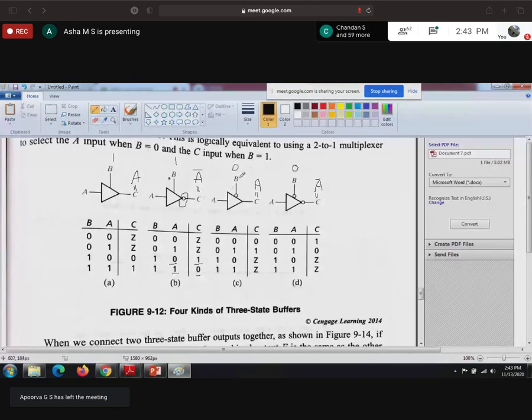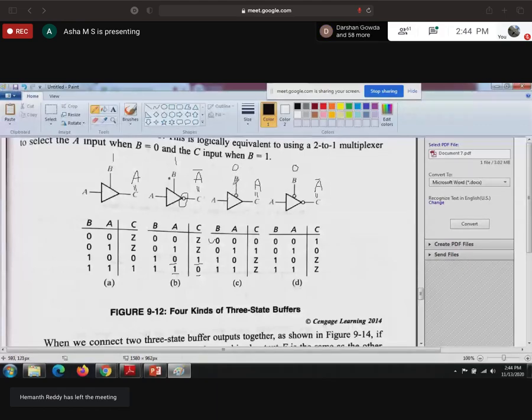Okay, so the buffer will be enabled when B equal to 0. Now the first entry in the truth table is B equal to 0. B equal to 0 means the buffer is enabled, which means C follows A. What is the value of A? A is 0, so the state of C is also 0.